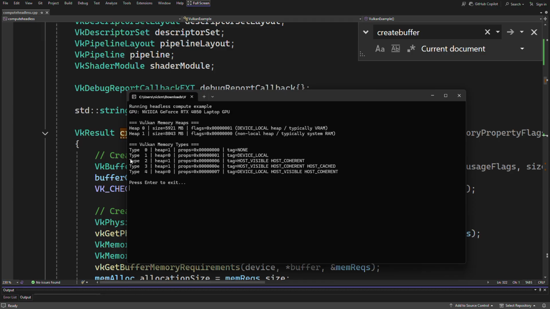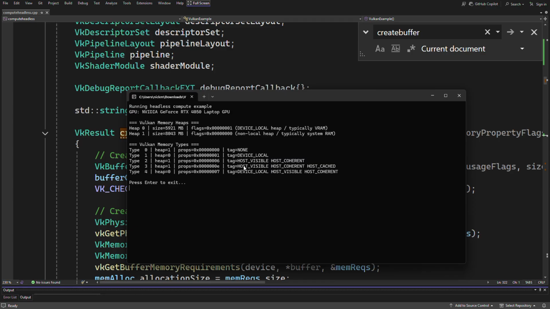But each one of these types has a different tag, a different name. So type 0 is none. Type 1 is device local, which is like GPU stuff.